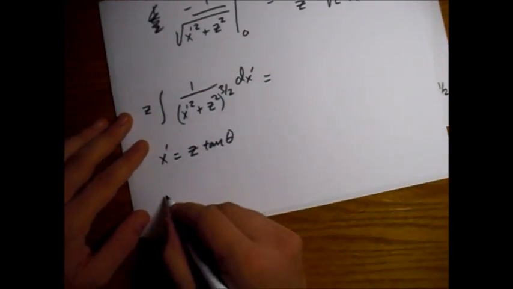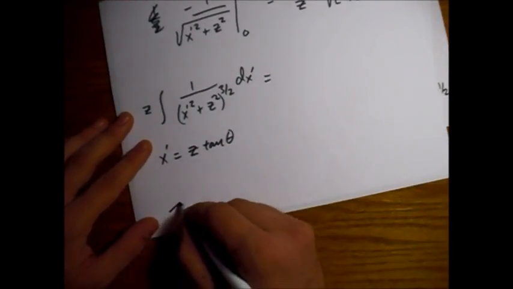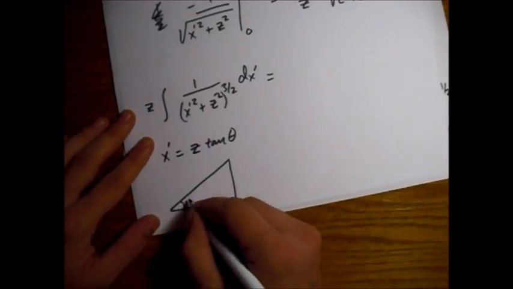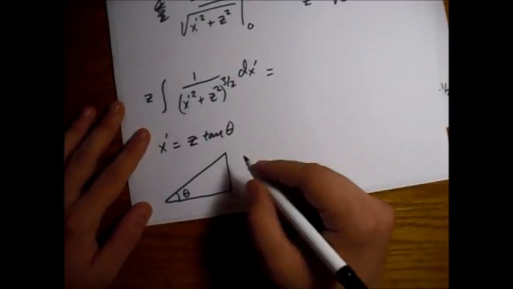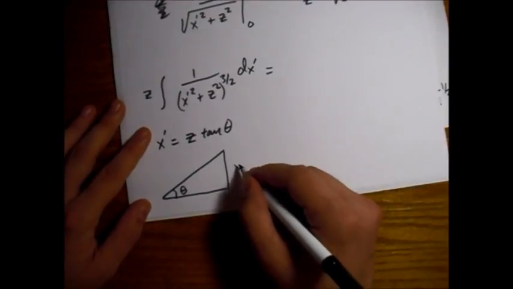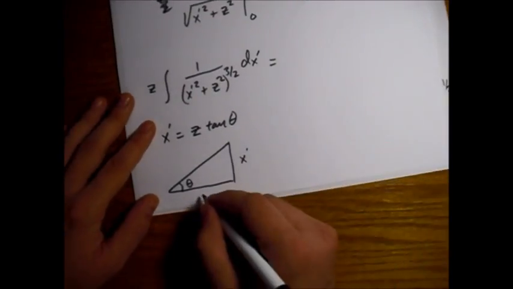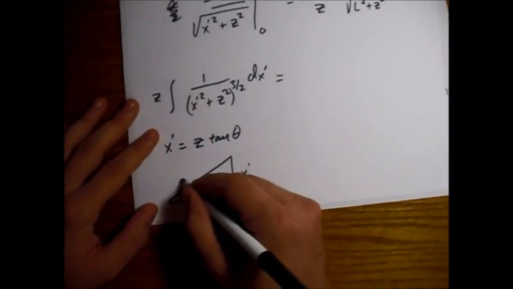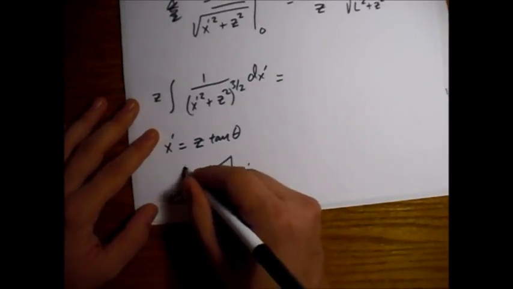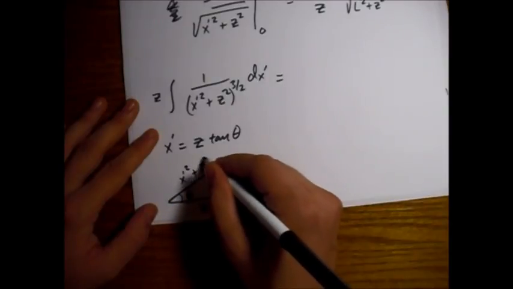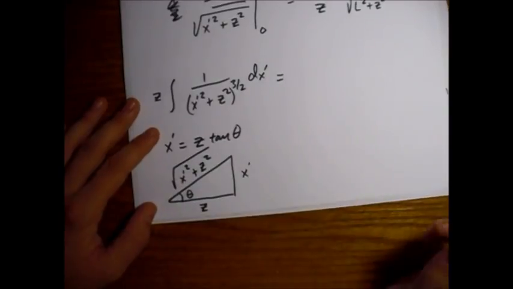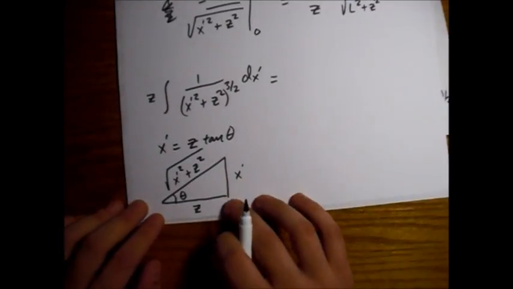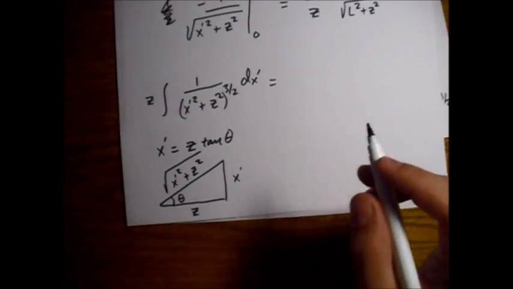All right, and let's draw our little triangle out. If this is theta, then we have an x prime here, we have a z here, and here we have the square root of x prime squared plus z squared. All right, so here's our substitution, our little triangle.